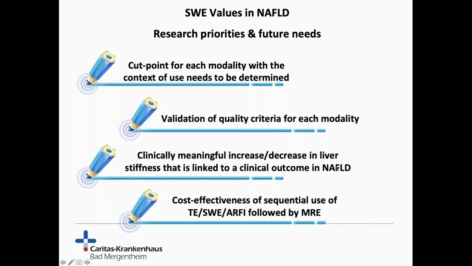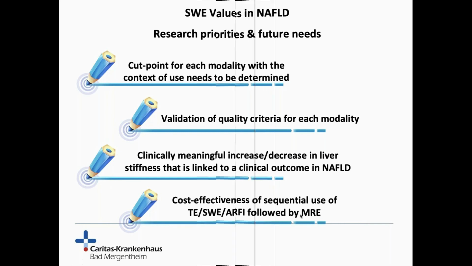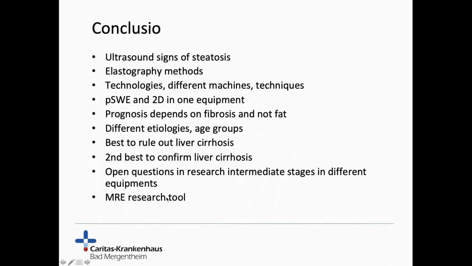It's the fibrotic stage, not the fat amount, and the cost effectiveness of whatever we do, eventually followed and including magnetic resonance imaging, but magnetic resonance imaging is still a research tool.